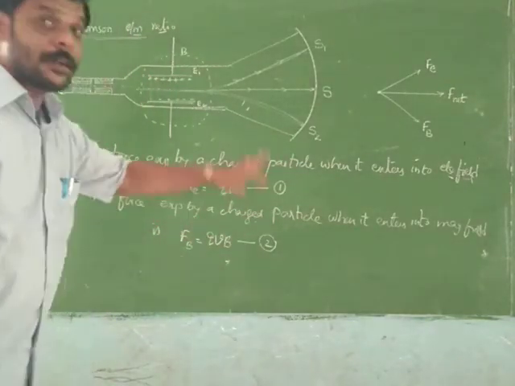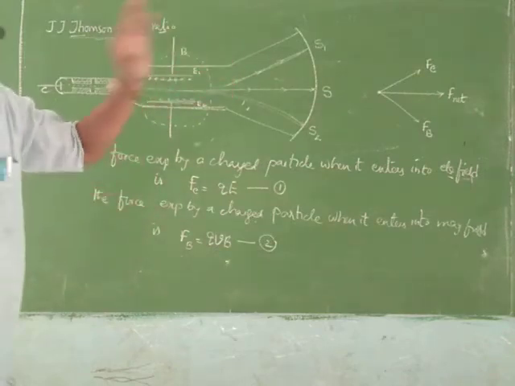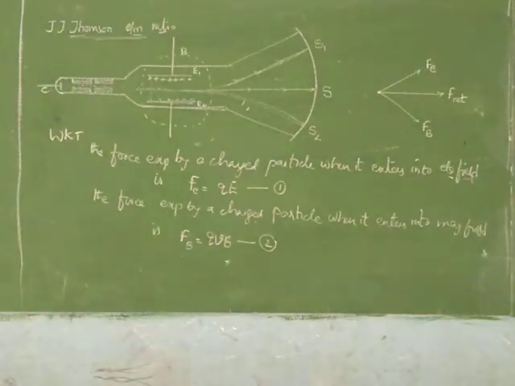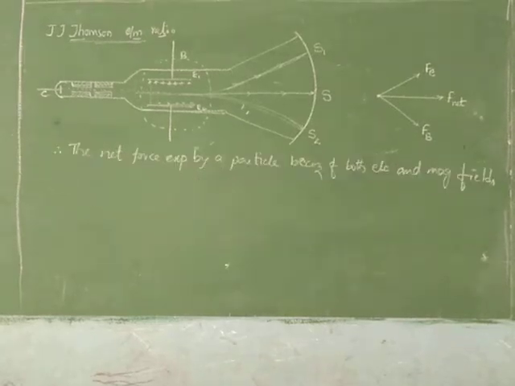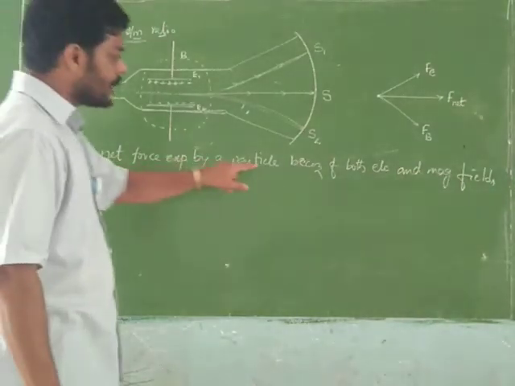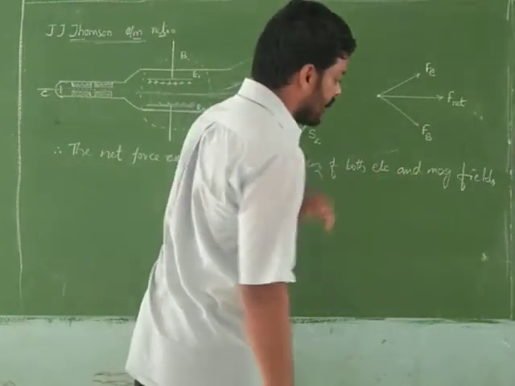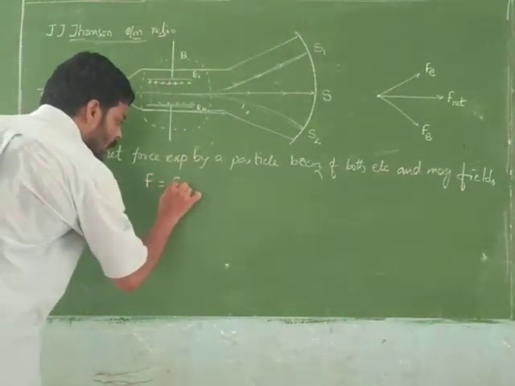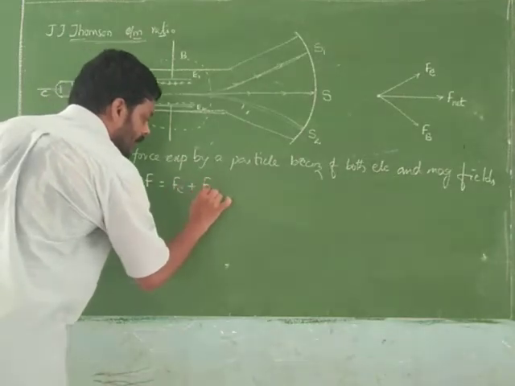Right. If both are applied, then the net force experienced by a charged particle, I have to take that. So the net force experienced by a particle because of both electric and magnetic fields, F net, is equal to Fe plus Fb.